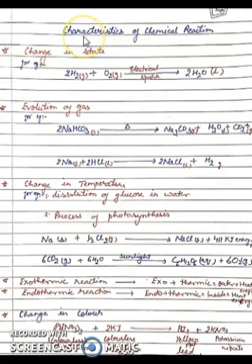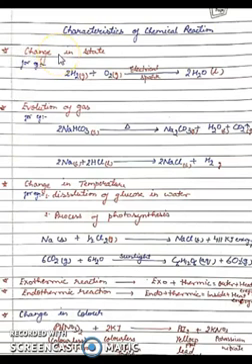Now let's discuss our next topic, that is characteristics of chemical reactions. During a chemical reaction, we observe many changes and many kinds of things, which are also considered characteristics of chemical reactions. So let us start. The first characteristic of any chemical reaction is change in state.